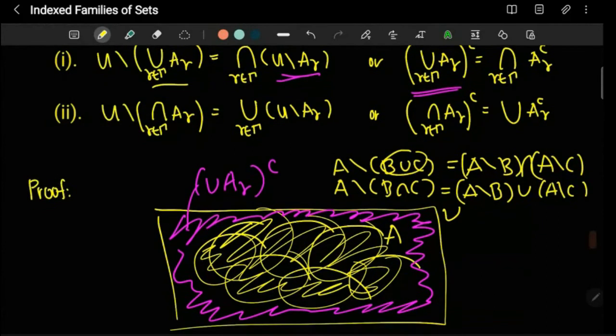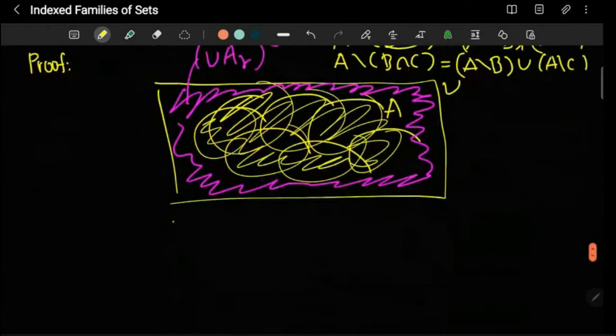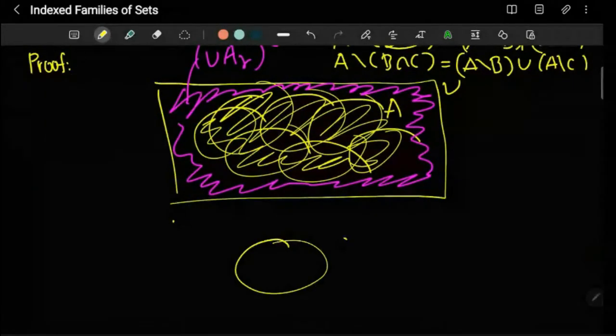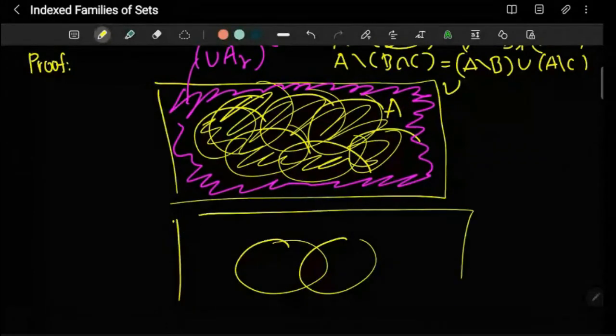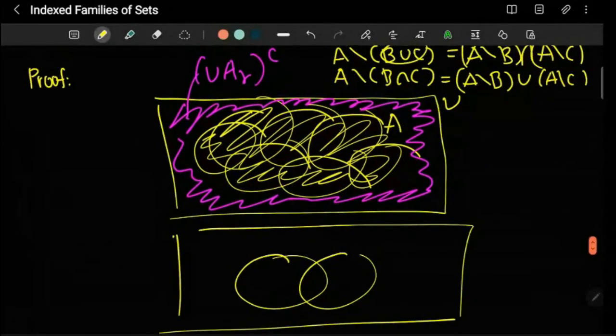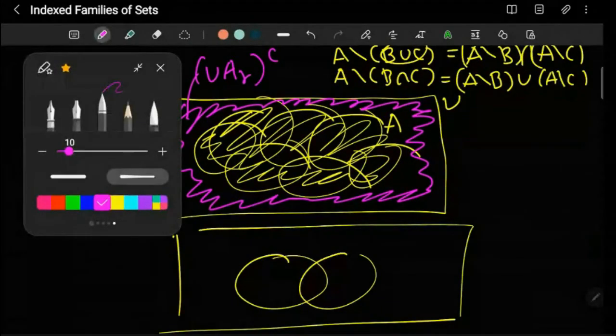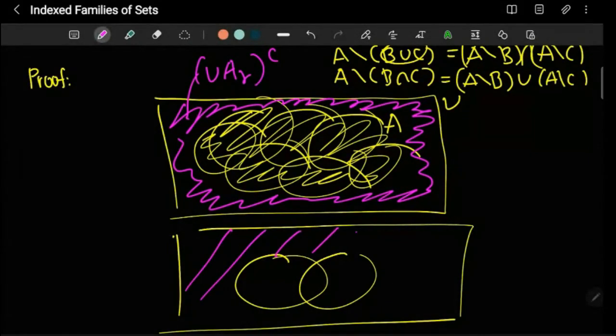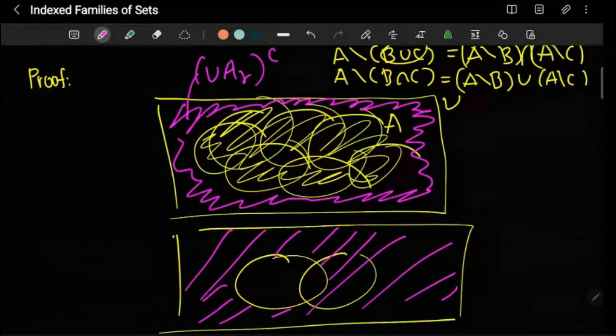Pareho din daw yan sa ang gagawin mo, halimbawa, meron kang dalawang set, di ba? Complement mo muna yung kada isa. So, complement ko muna siya. So, ito, complement ng unang set. And then, complement ng pangalawang set. Kunin natin complement ng pangalawang set.